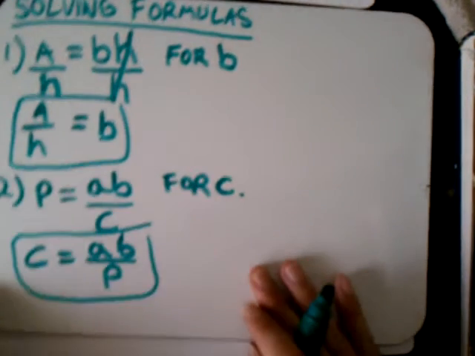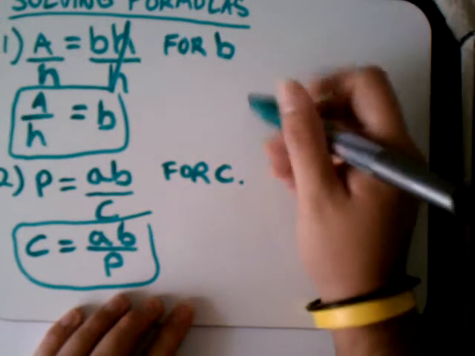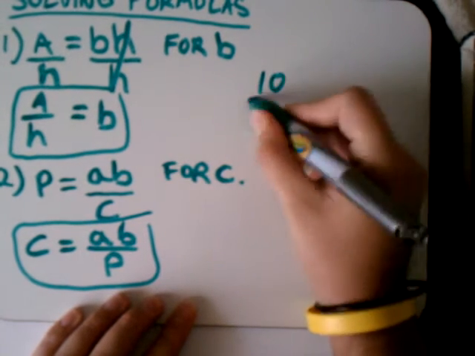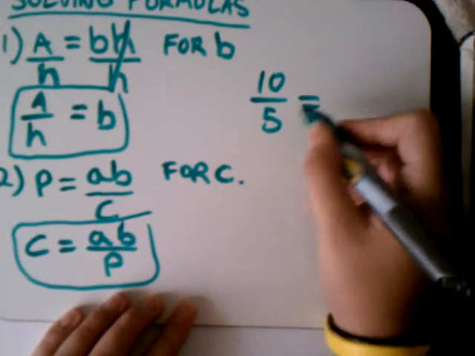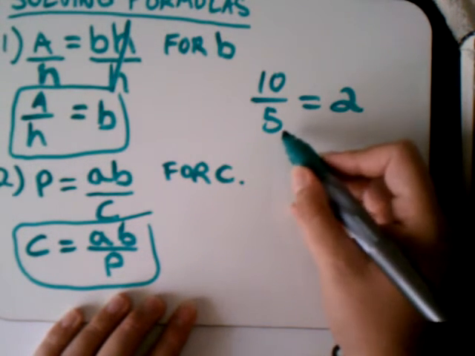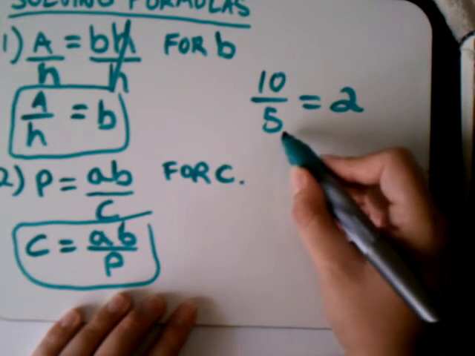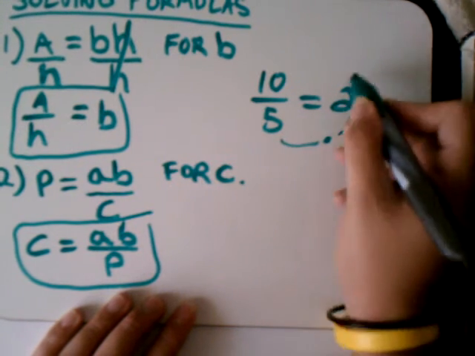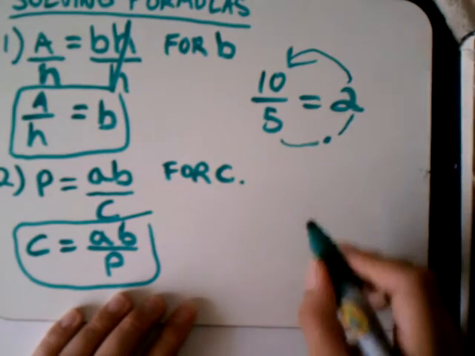If you don't understand why, let me show you here. If you have 10 divided by 5, this equals to 2, right? Like I show you in one of my videos, if you multiply 5 times 2, you get 10.